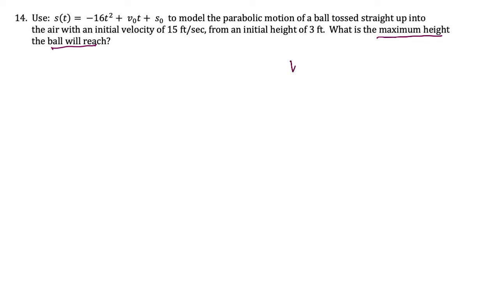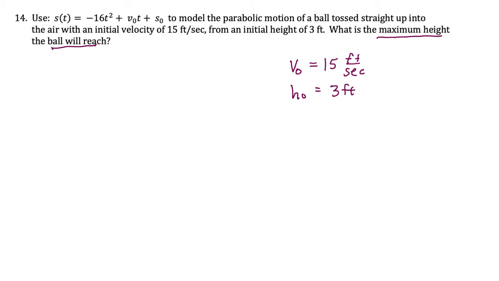So we have initial velocity is 15 feet per second. And then we were also told that the initial height was 3 feet. So let's fill in. This is a great calculator problem.